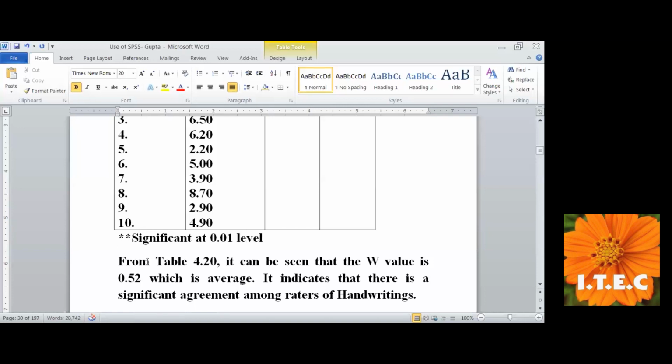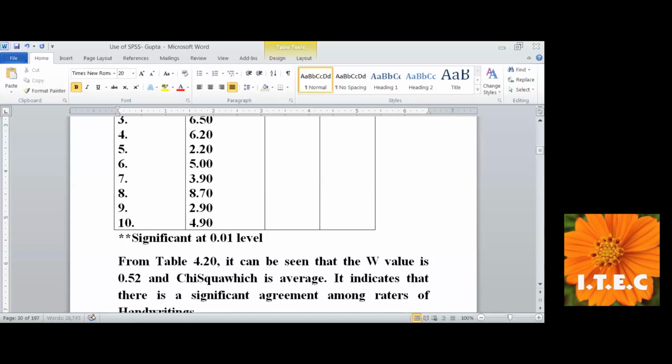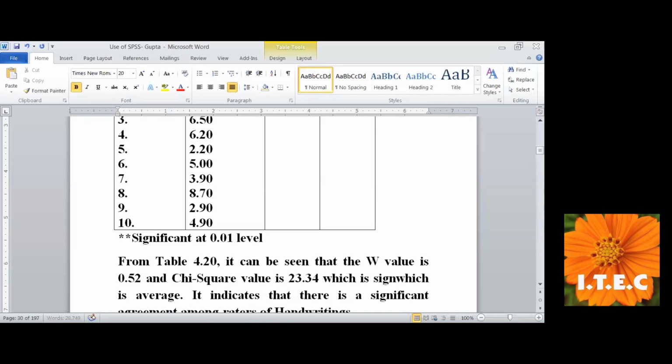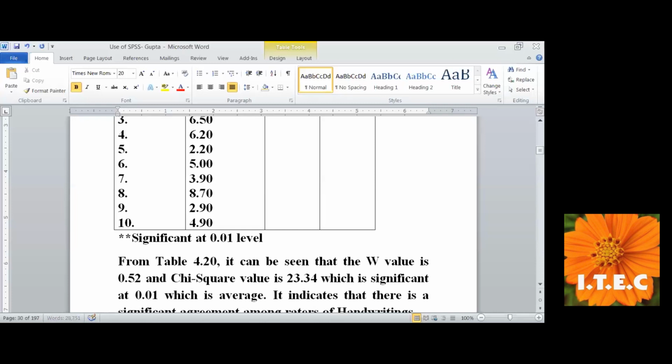And then I can say from table 2, it can be seen that the W value is this, and the chi-square value is 23.34, which is significant at 0.01 level.